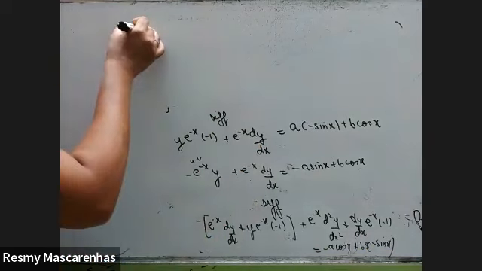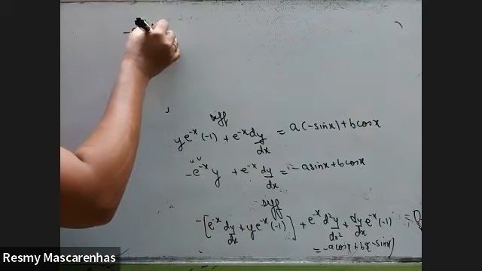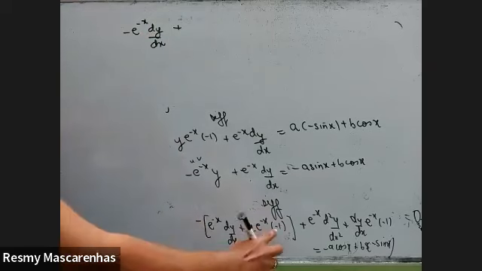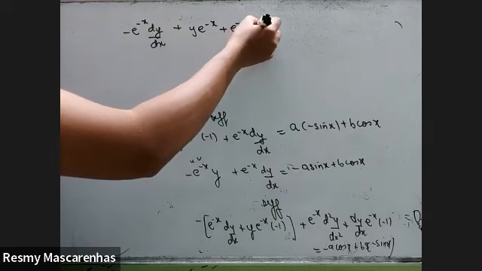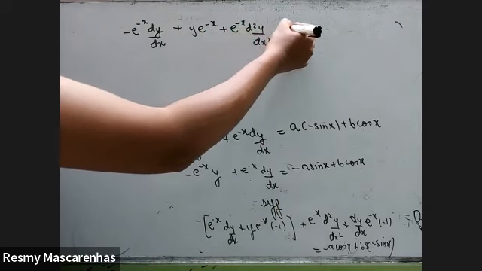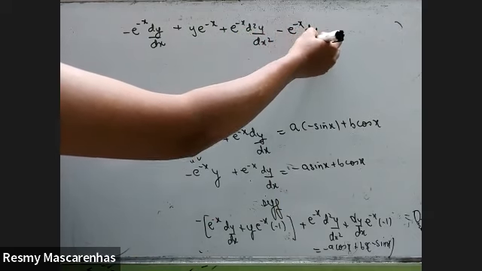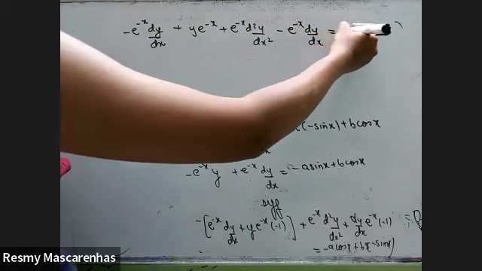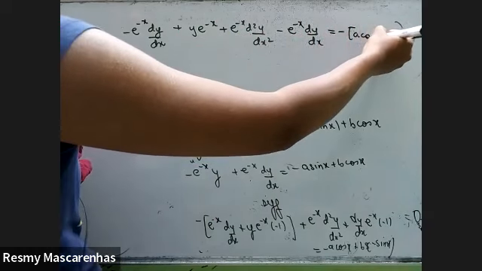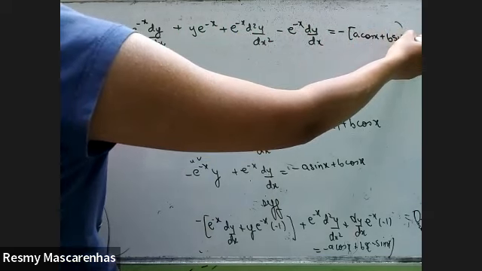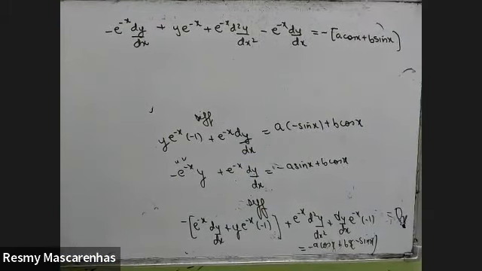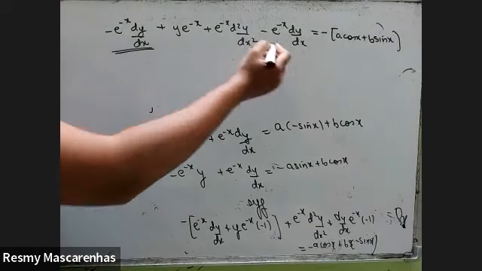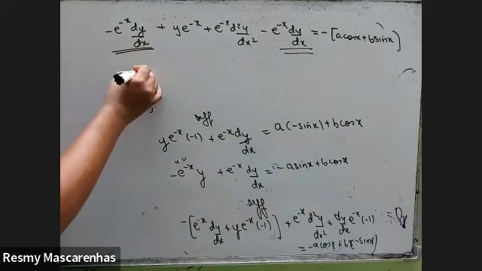Open up the bracket. Minus into minus is plus, minus common, this term and this term is same, so you get minus 2.